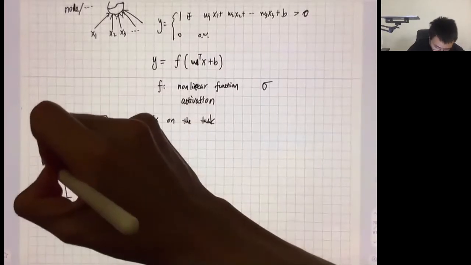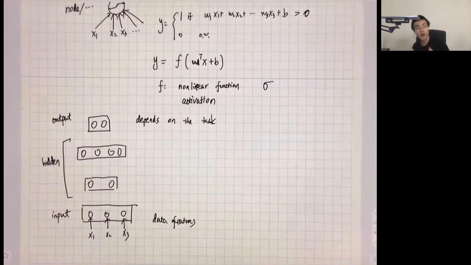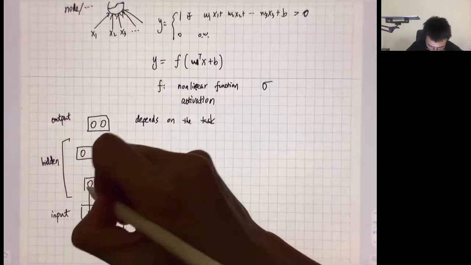These are known as the hidden layers. The connections are like this. So every node is connected to all the nodes in the lower layer, but no other nodes. So it's connected in this way.